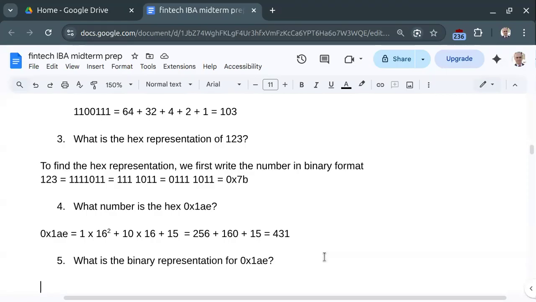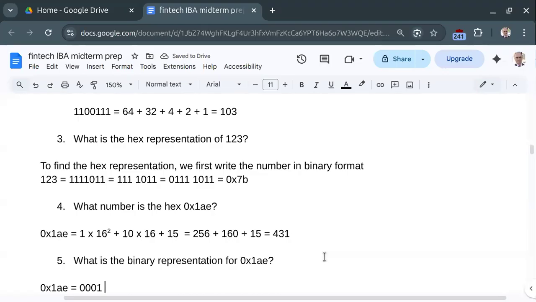Okay, how do you do that? Well, 0x1AE is equal to, I just take one digit at a time and translate it to its four binary group. So 1 is equal to 0001.